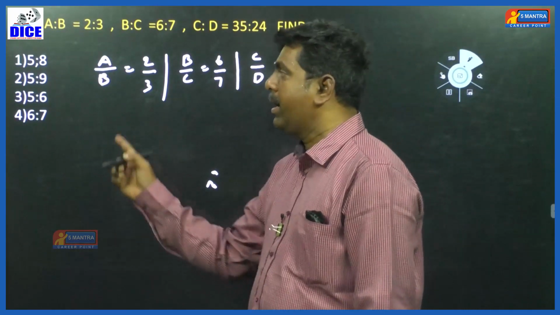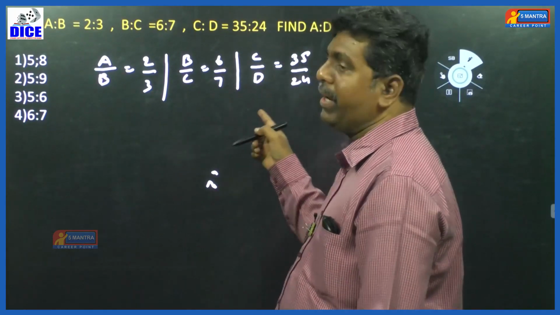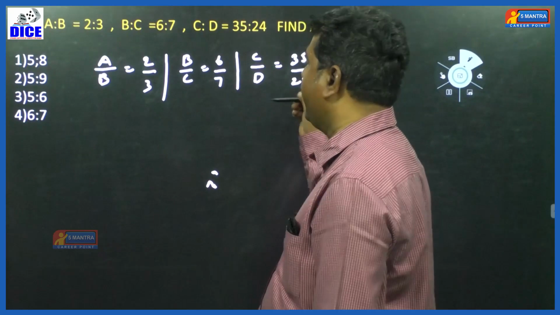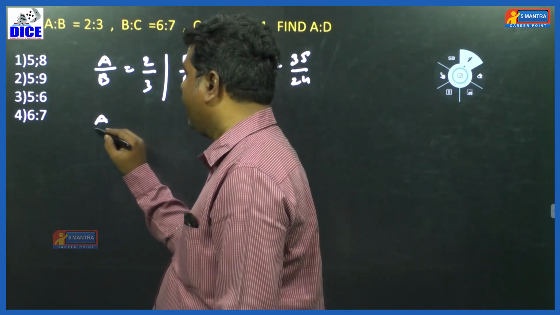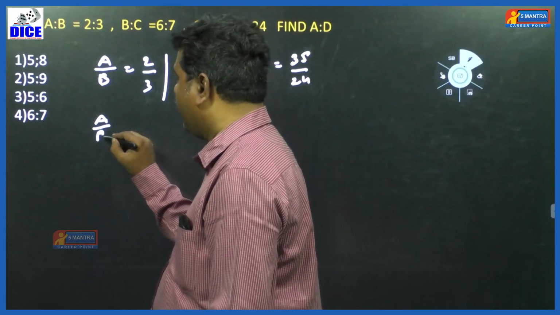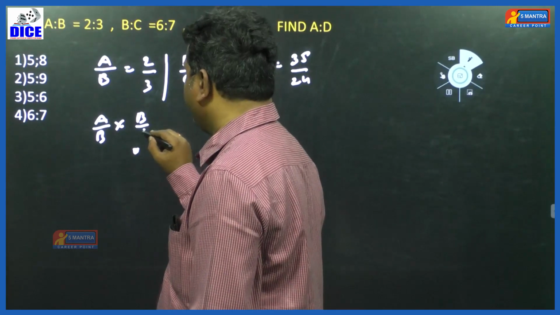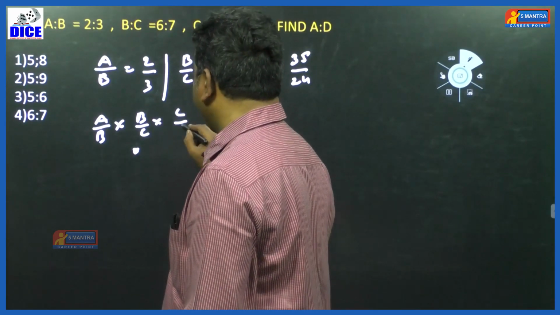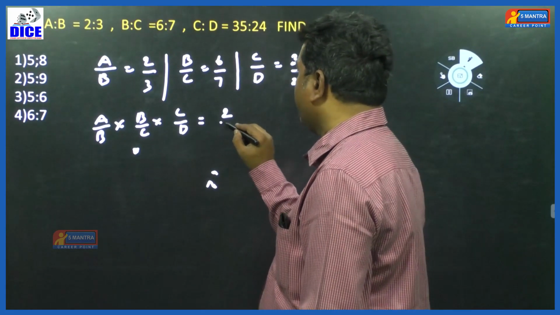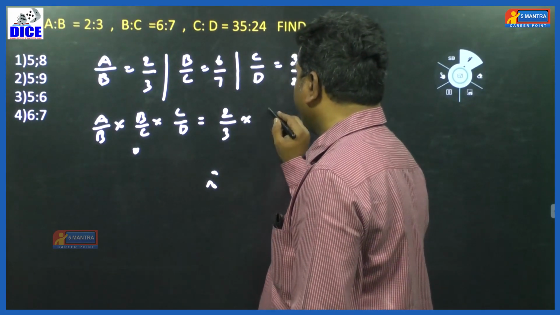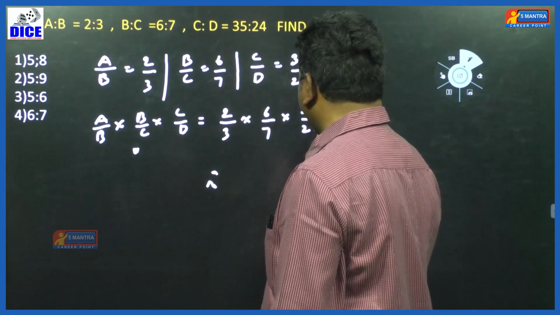Now, the process is that the multiplication of the left hand side alphabets is equal to the multiplication of the right hand side numbers. Left hand side alphabets means A by B into B by C into C/D is equal to the numbers 2/3 into 6/7 into 35/24.